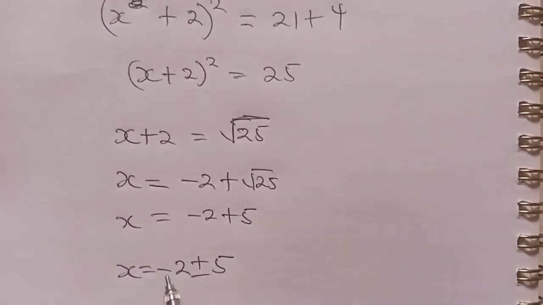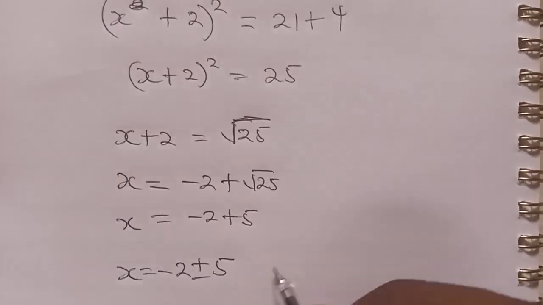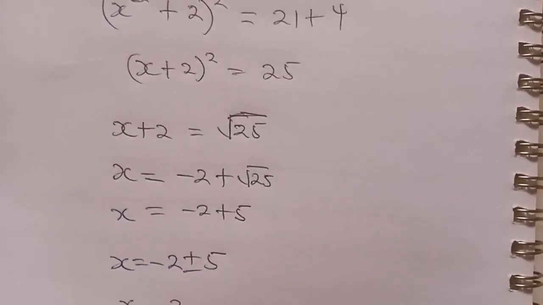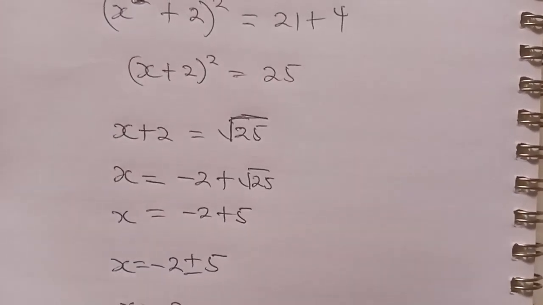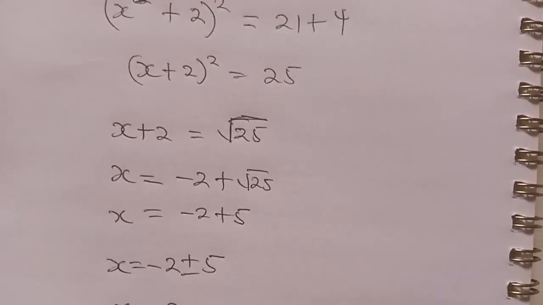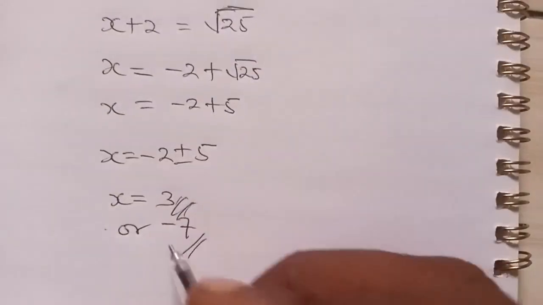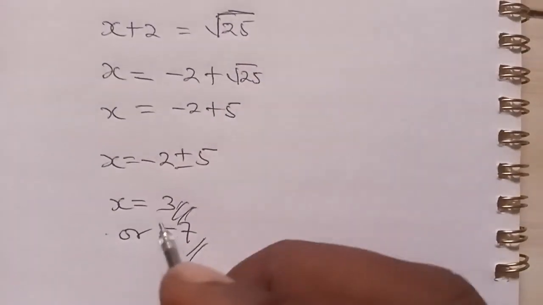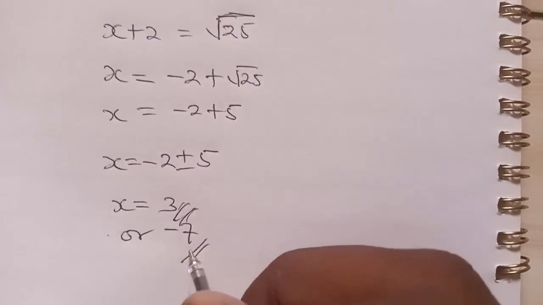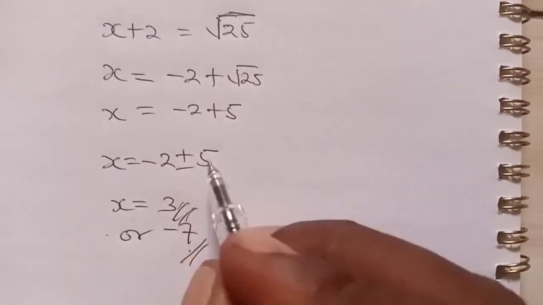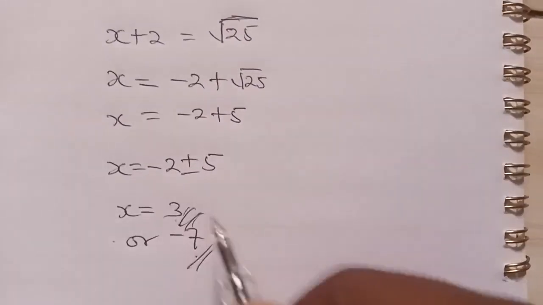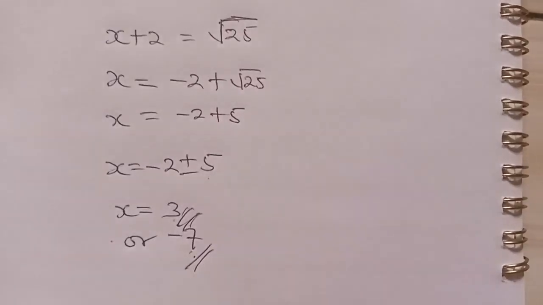If you say minus 2 plus 5, that will give you 3, or minus 2 minus 5 will give you minus 7. These are the two values of x, 3 and minus 7, because minus 2 plus 5 gives you 3, and minus 2 minus 5 gives you minus 7.